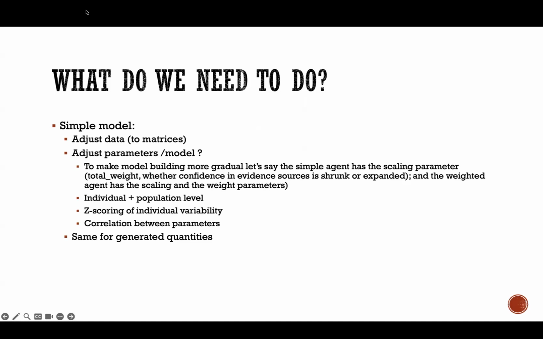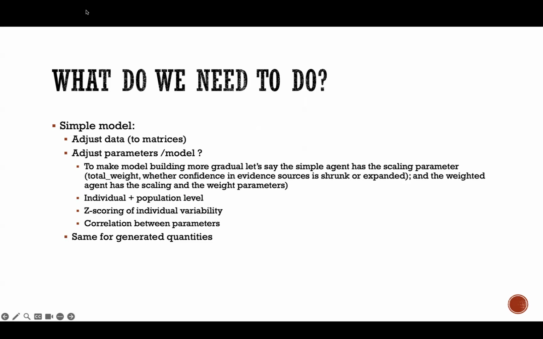So as we will see, I'll do it step by step. I'll say that the simple agent has a scaling parameter, meaning a total weight. They cannot change the ratio between the two, but some agents might be more convinced and others less convinced.